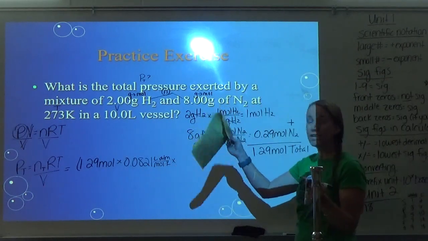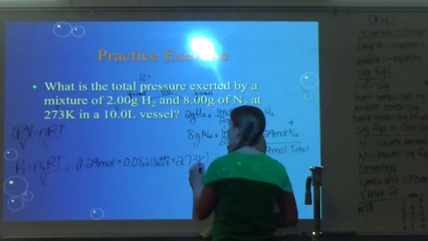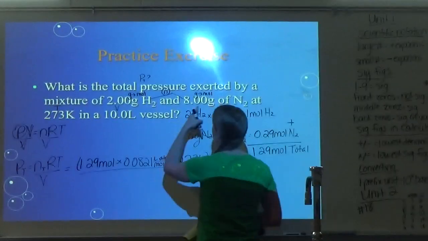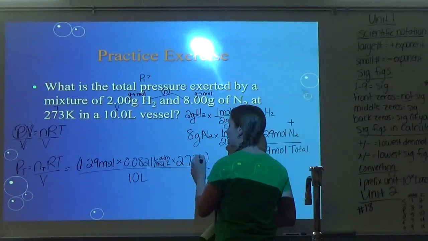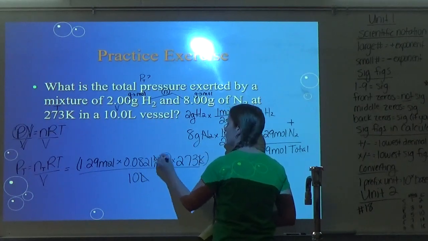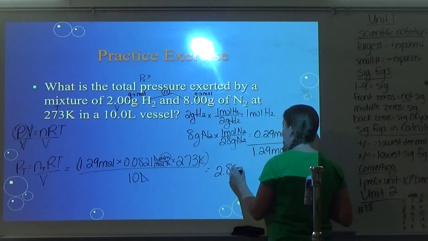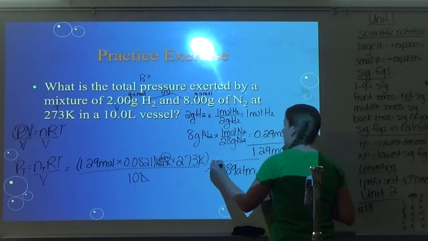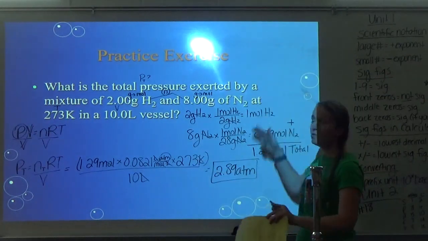It doesn't specify what unit it wants pressure in, times temperature, which is 273 Kelvin, over the volume, which is 10 liters. So my moles cancel, my Kelvin cancel, my liters cancel, I'm left with ATM, and I ended up getting 2.89 ATM. And so again, this is my total pressure because I added up the two amounts of moles.